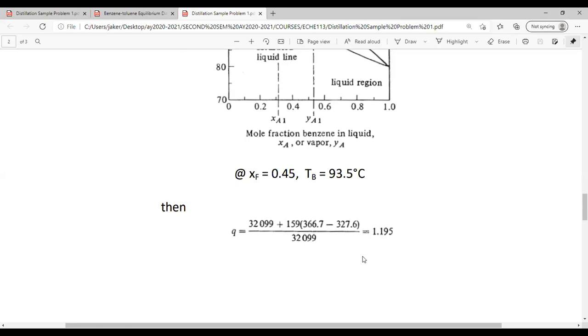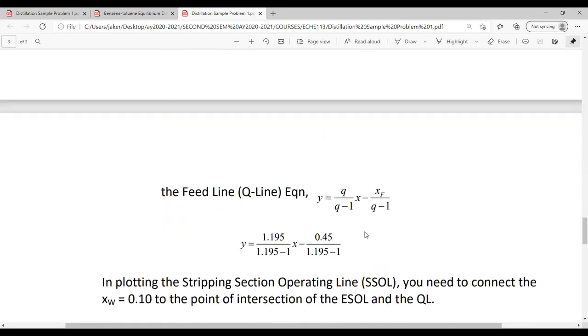How will you make use of this Q? You use it in this equation of the Q line, which was also shared to you in the PowerPoint. In here, you may use the slope again of the feed line or the Q line, or, it's easier if I were you, to use the y-intercept. This time, it's negative. So you need the mole fraction of the feed, and you have the Q as well.